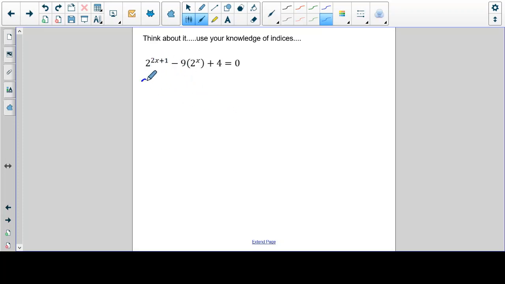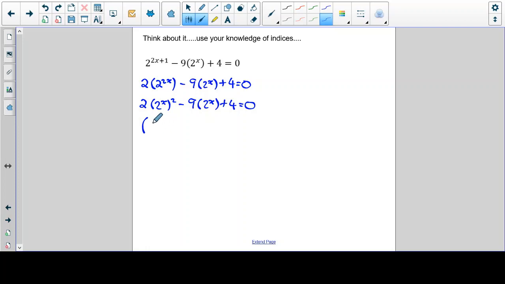So this is actually 2 lots of 2 to the power of 2x, which, if you want to, you can write as 2 to the power of x squared. Then it's in the more familiar quadratic form.